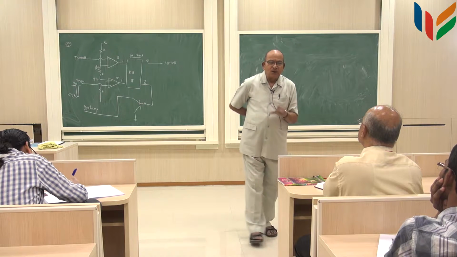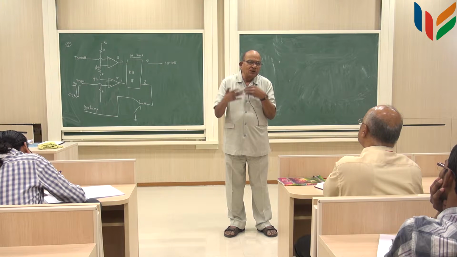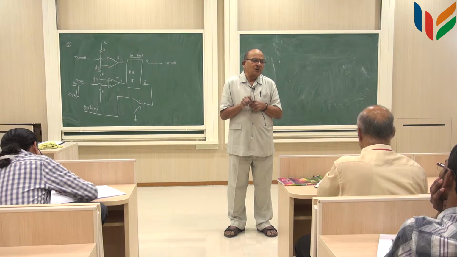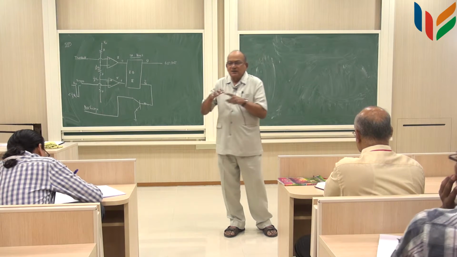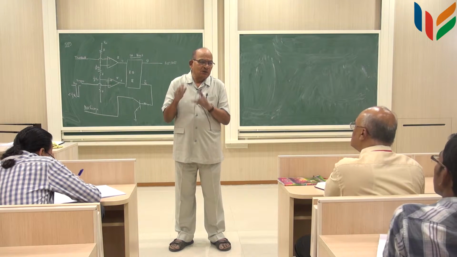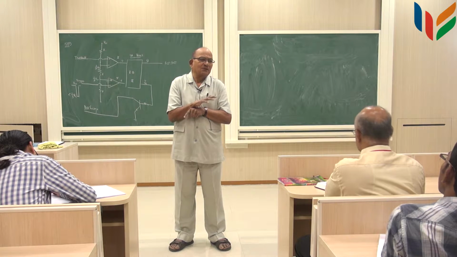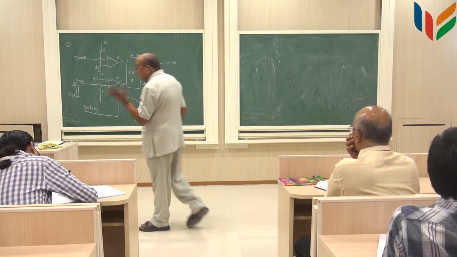So, there are separate multipliers for each quadrant designed and put into a single chip called a 4-quadrant multiplier. Each quadrant multiplier is basically a diff-amp. So, it contains a large number of diff-amps which cover each one, or each pair, one quadrant of the signal variation. So, this is called a 4-quadrant multiplier.